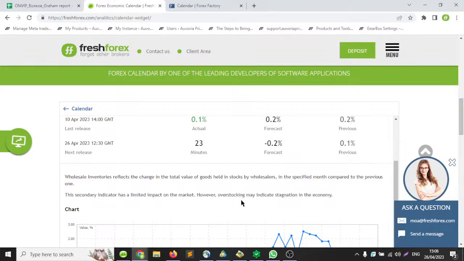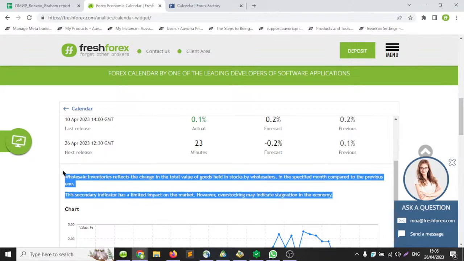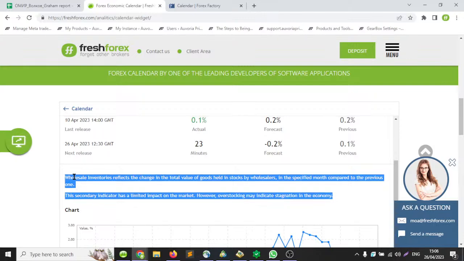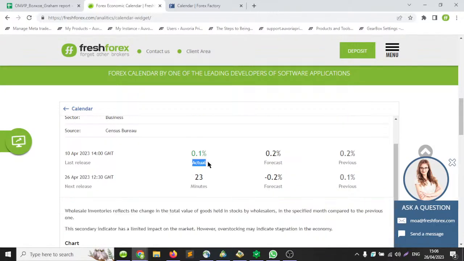However, overstocking may indicate stagnation in the economy. So you can see that there are some notes that you can read and understand what the news entails. You can also get the actual value and the forecast. This is the actual value which has just been read, but there's a forecast of 2, and this was the previous, so it means there's a reduction.